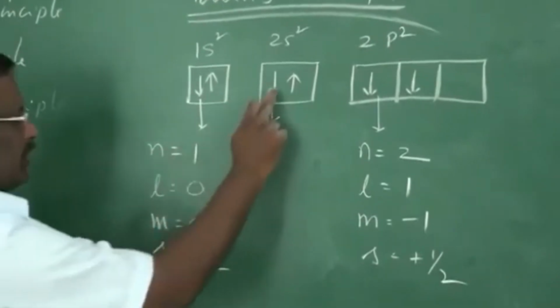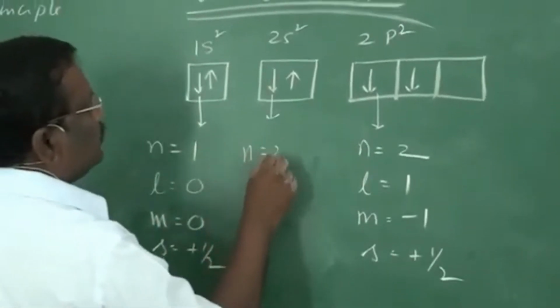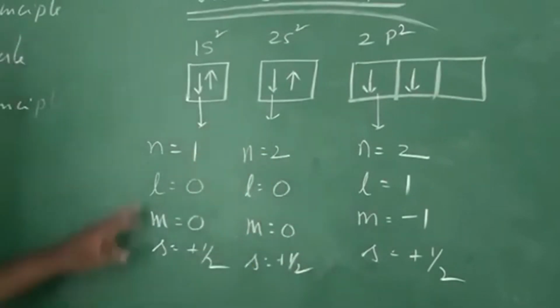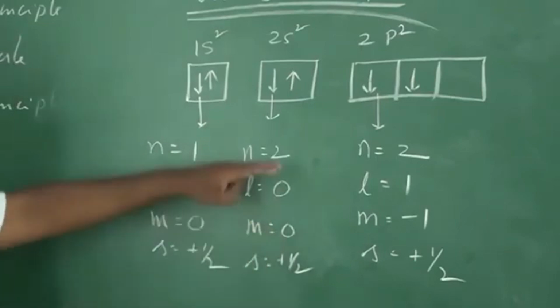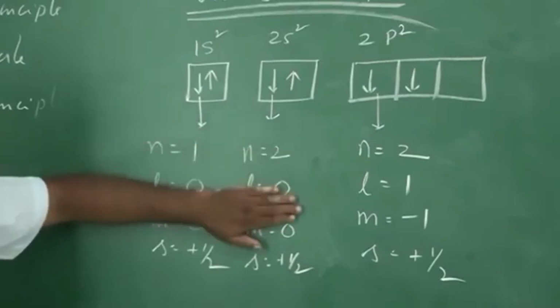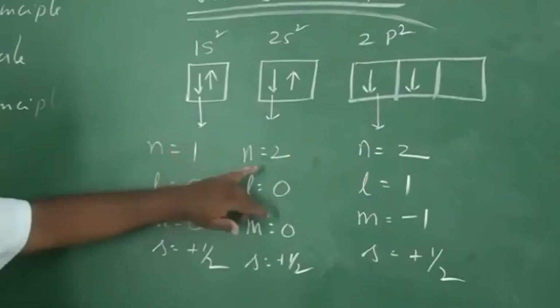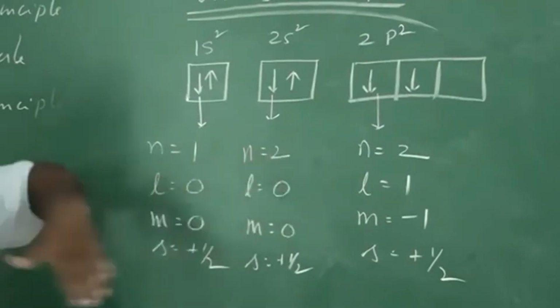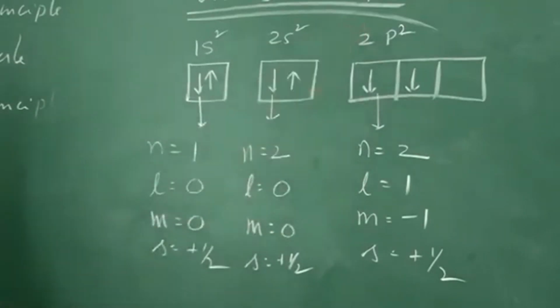Let us write for this electron, n is equal to 2, l is equal to 0, m is equal to 0, s is equal to half. If you compare these 2 electrons, the l value is the same, the m value is the same, the s value is the same, but the n value for one electron is 1 and for the other it is 2. You may compare any 2 electrons of an atom.